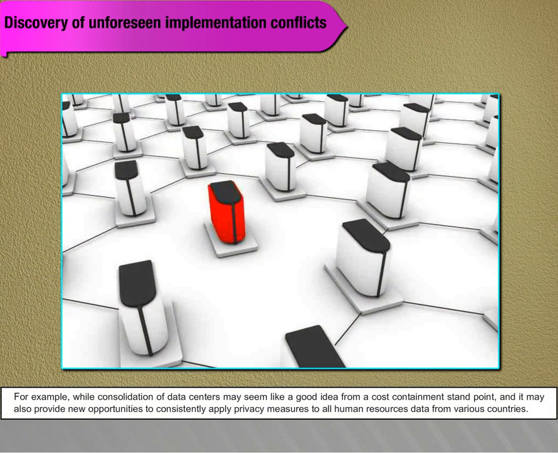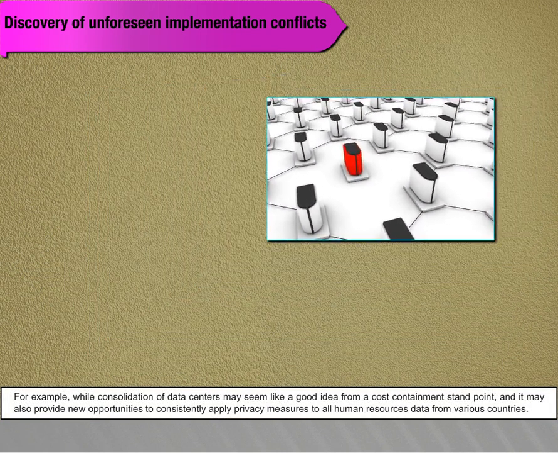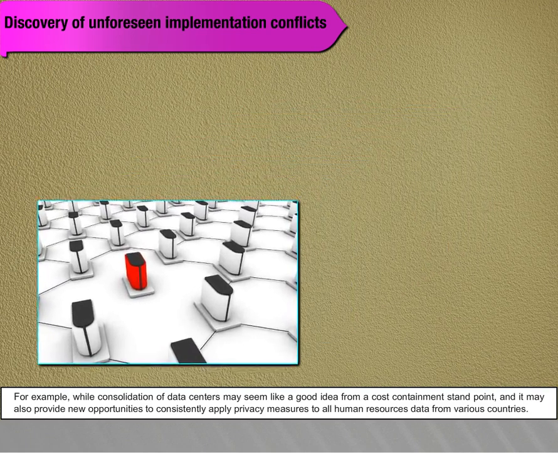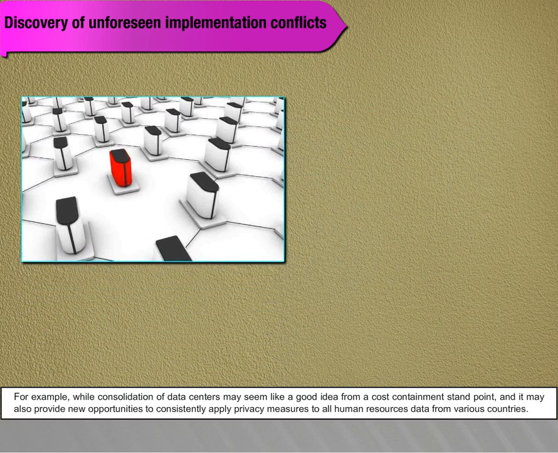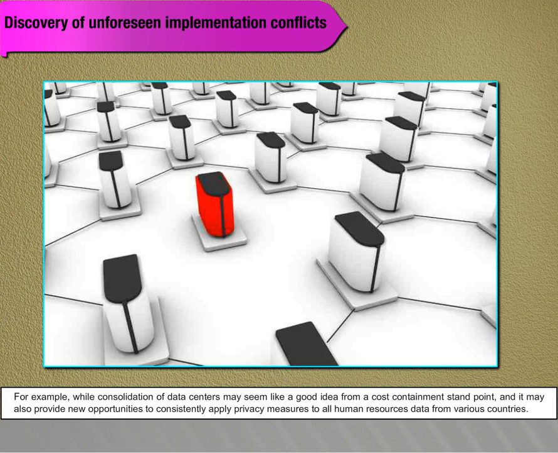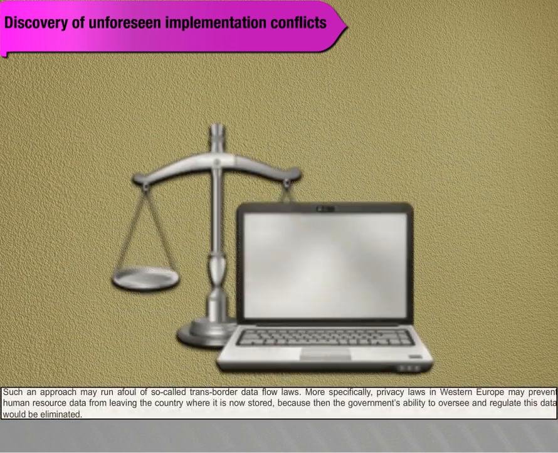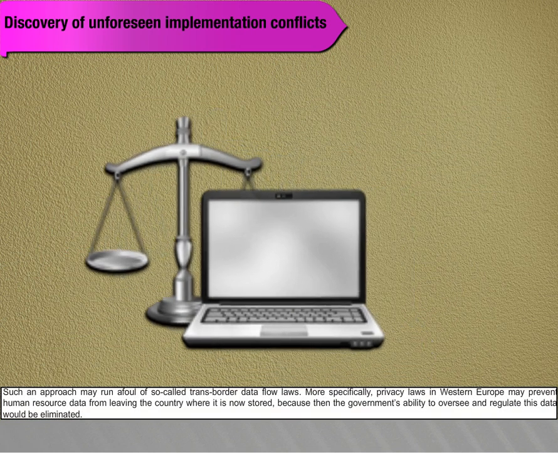For example, while consolidation of data centers may seem like a good idea from a cost containment standpoint, and it may also provide new opportunities to consistently apply privacy measures to all human resources data from various countries, such an approach may run afoul of so-called transborder data flow laws.